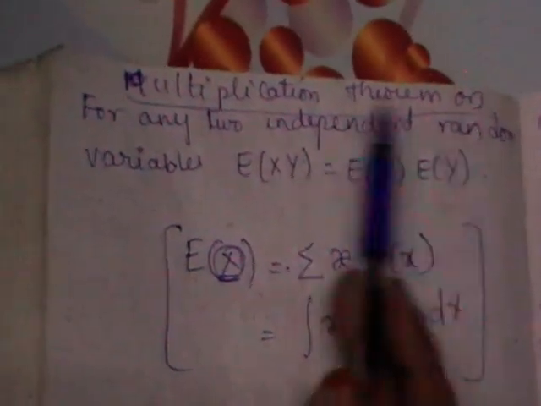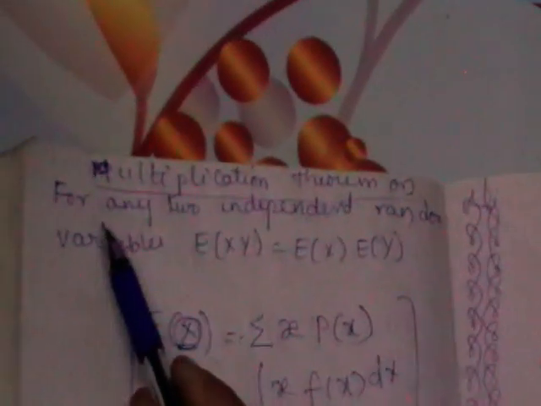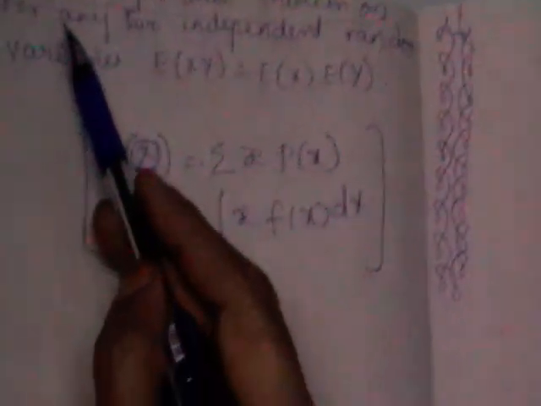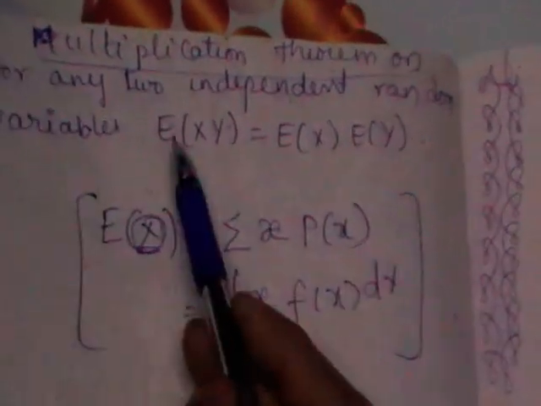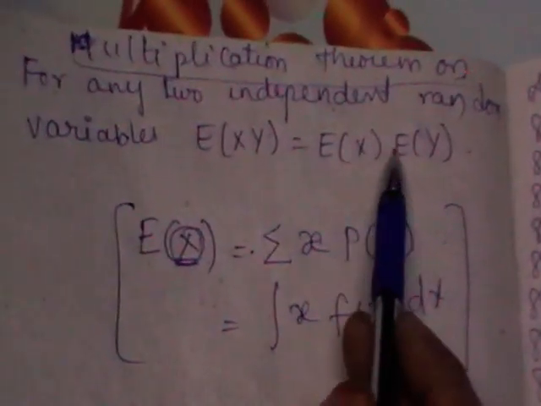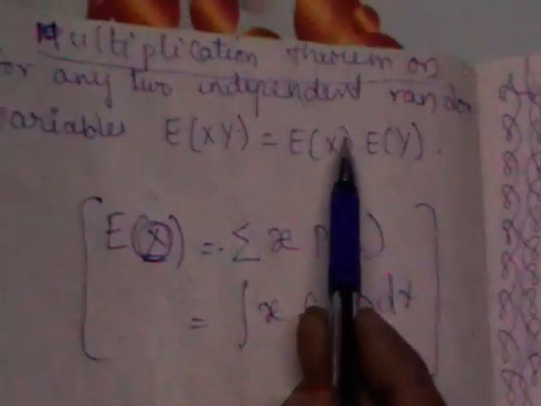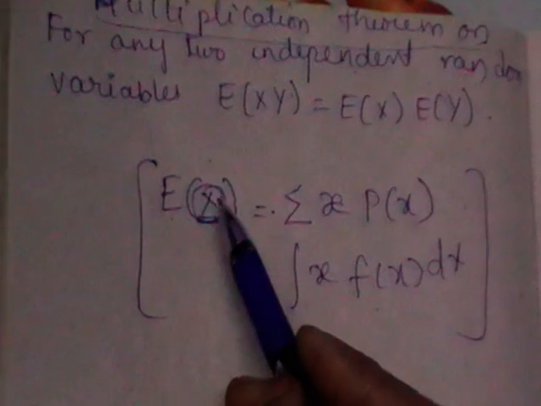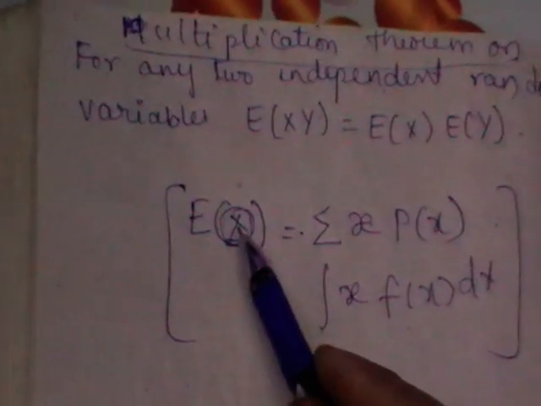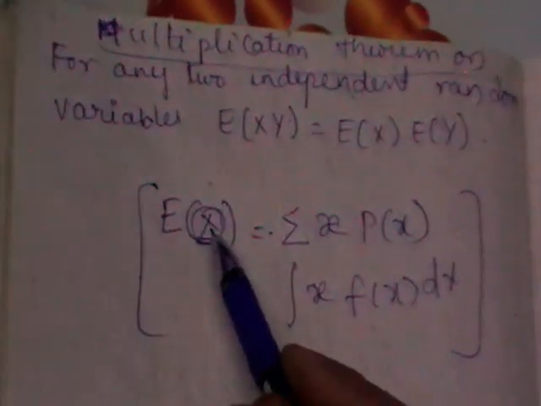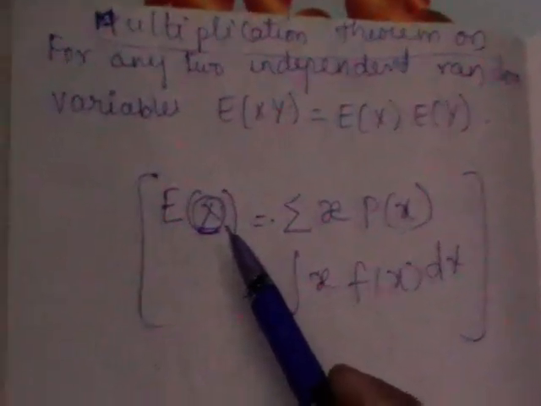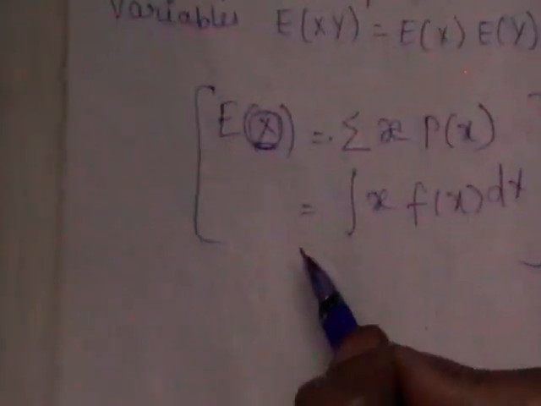In addition theorem we wrote for any two random variables, but in multiplication theorem we are writing in specific that for any two independent random variables, E of XY is equal to E of X into E of Y. The multiplication theorem is valid only when the given variables are independent. So addition theorem is for any two variables, but multiplication theorem is only for independent variables.